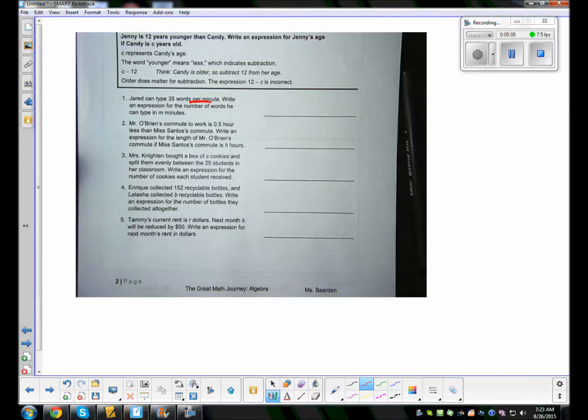Per minute is going to give me a clue that I am multiplying. So I'm going to say 35 words per minute, and we're using m to represent the minutes. So I could put 35 times m. I don't have to put the dot. It could also look just like 35m, or you could put those in parentheses, because parentheses next to each other also mean multiply.